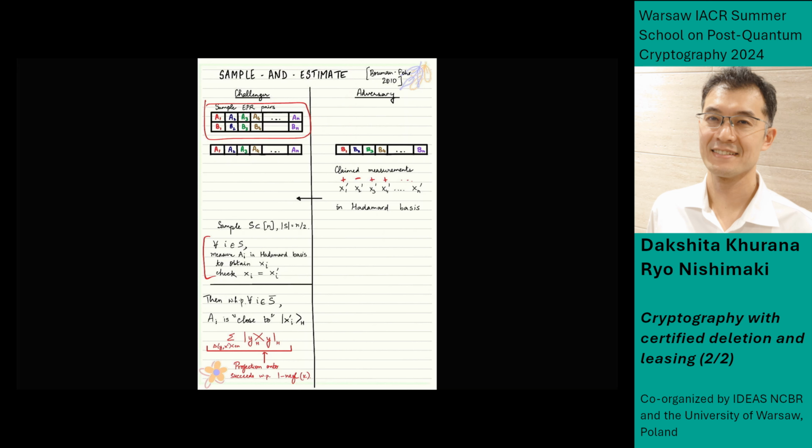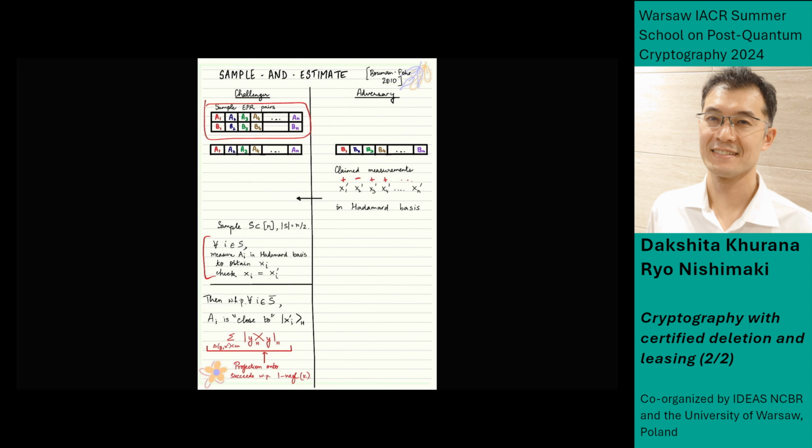We expect that the adversary measures this register in the Hadamard basis and sends the resulting information to the challenger. Here, sample a subset S from the set [N], where the size of S is N over 2. For all i in this set, measure register A_i in the Hadamard basis to obtain x_i and check that x_i is equal to x_i prime.